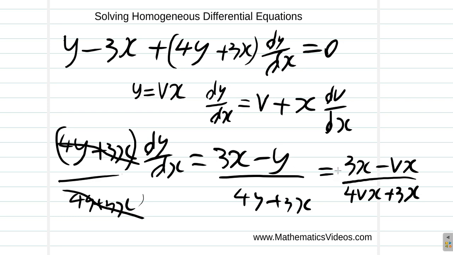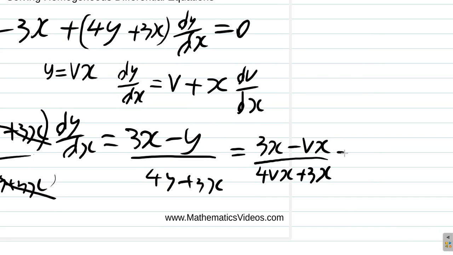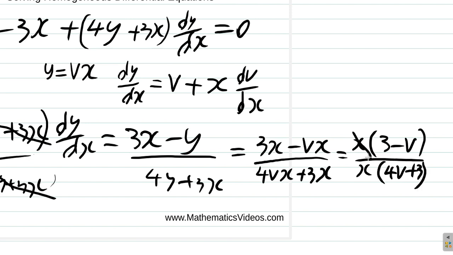Now, we could factor out the x over here. And we say x outside the bracket, inside the bracket we have 3 minus v, over x outside the bracket, inside the bracket we have 4v plus 3, and cancel out. Alright.